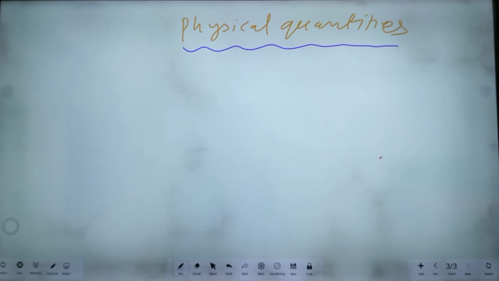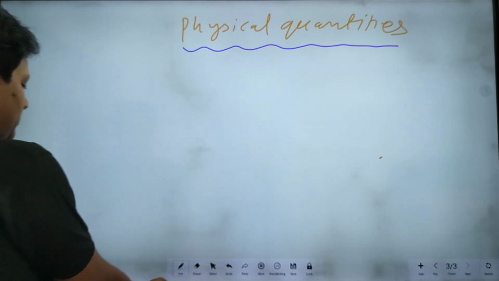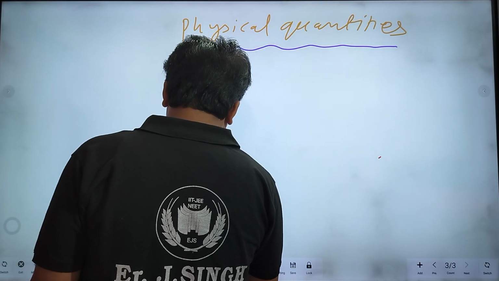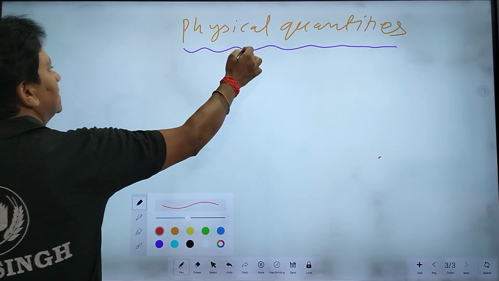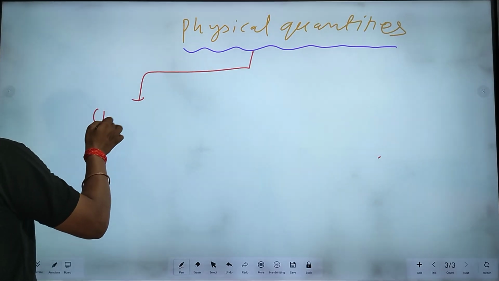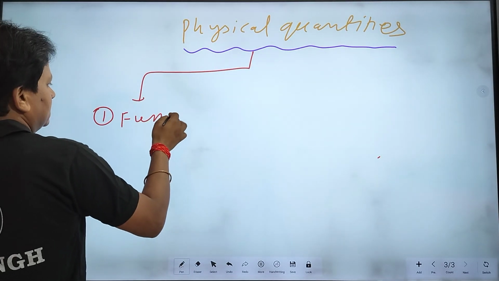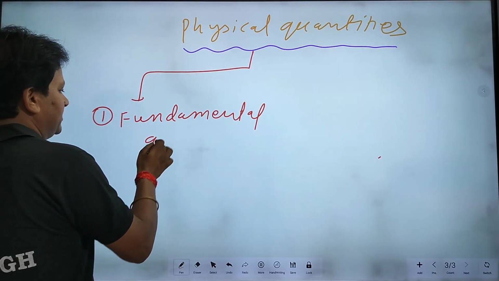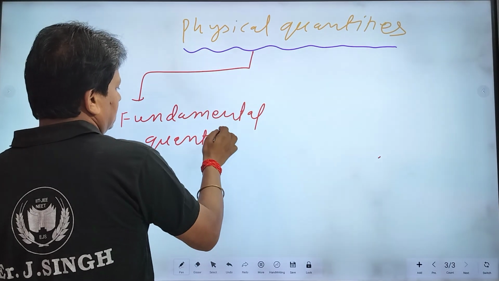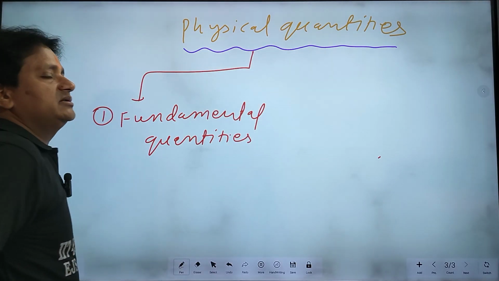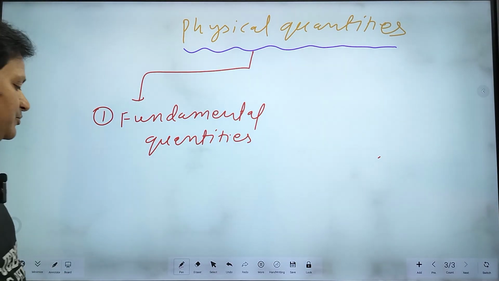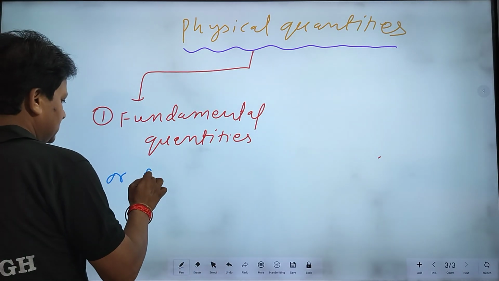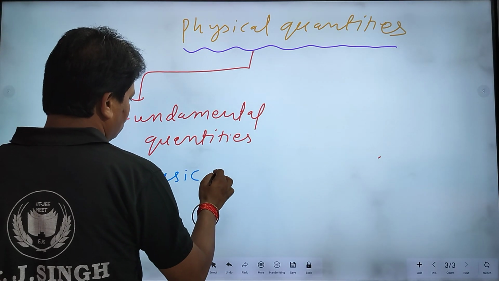Physical quantities are divided into two parts. First one is fundamental quantities. These quantities are also called basic quantities.